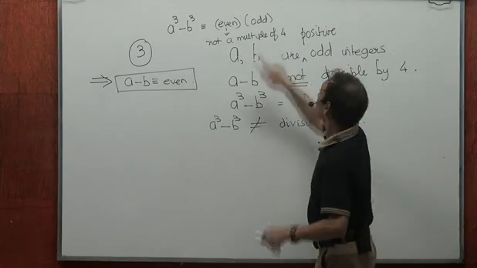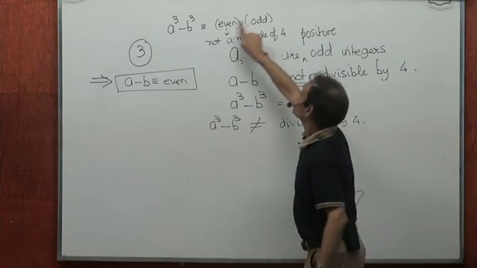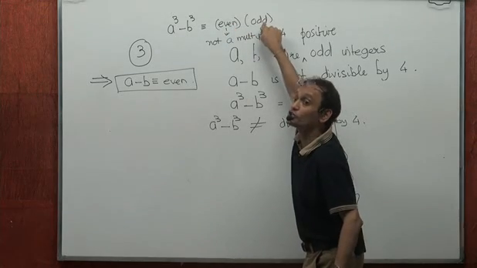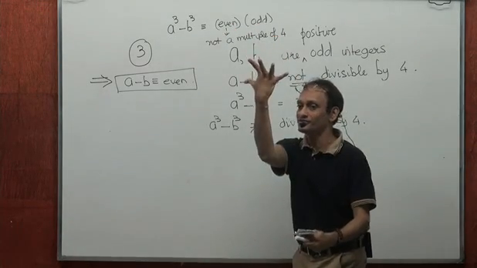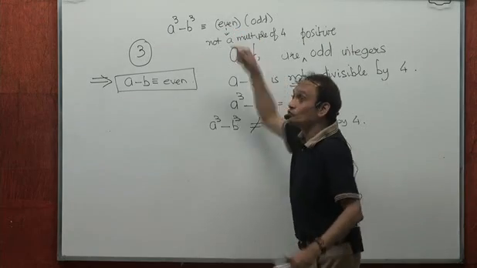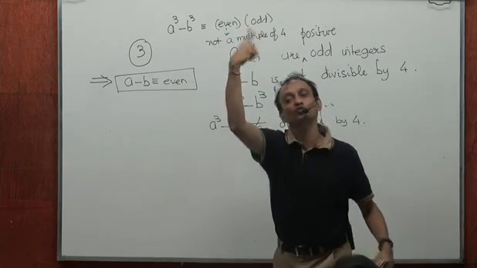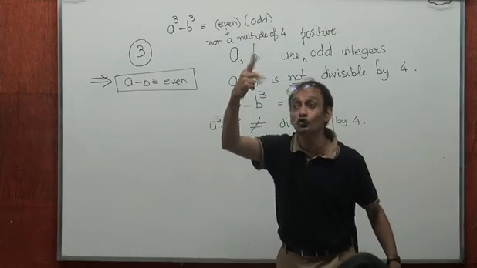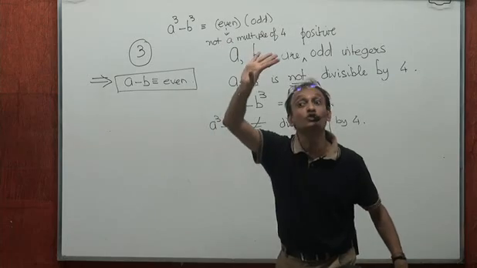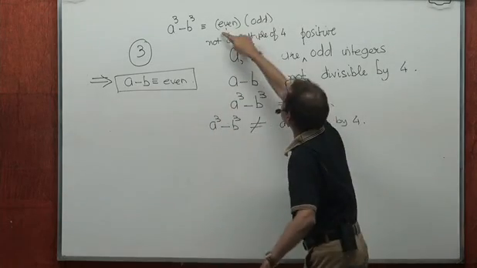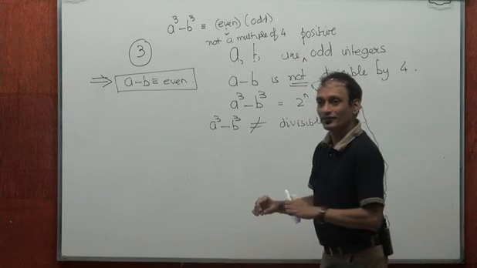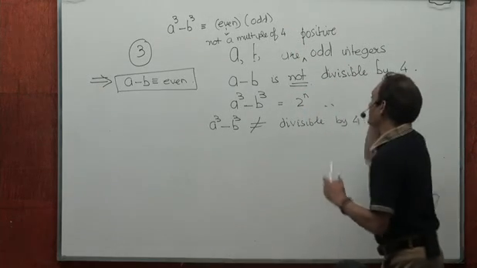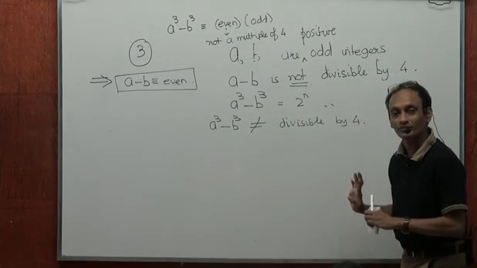This is not divisible by 4, and this is an odd number. It will not give any 2s. This is an even number which will give me one 2, but not two 2s in the product. Because if it had given me two 2s, it would be divisible by 4. But that's not the case. So this product is not divisible by 4. A cube minus B cube is not divisible by 4, right?